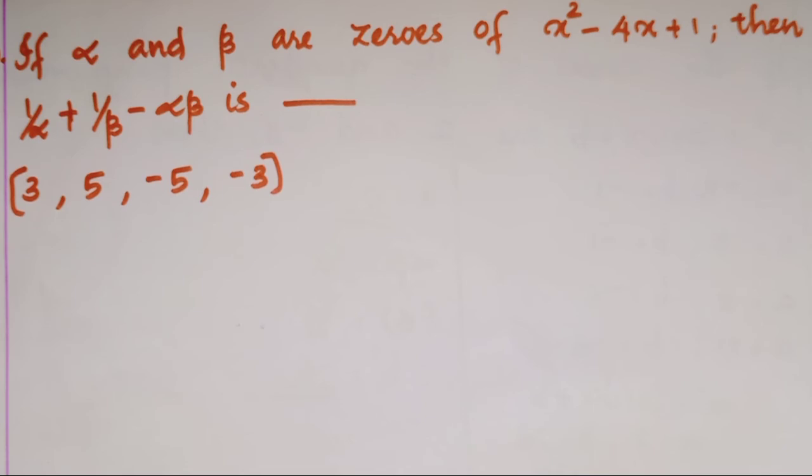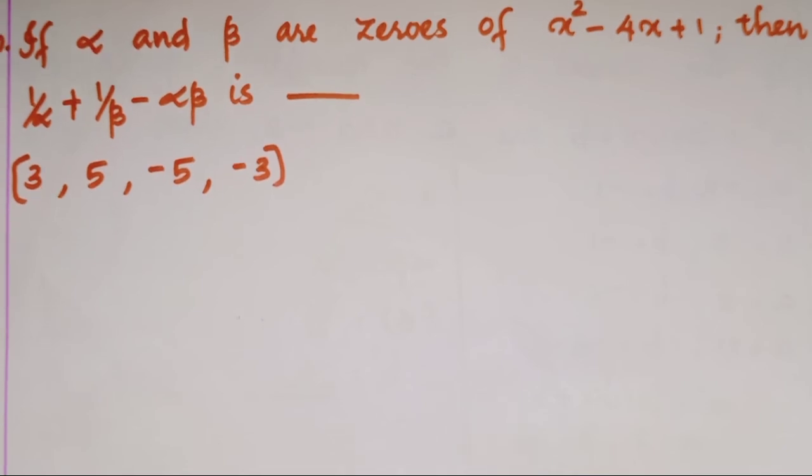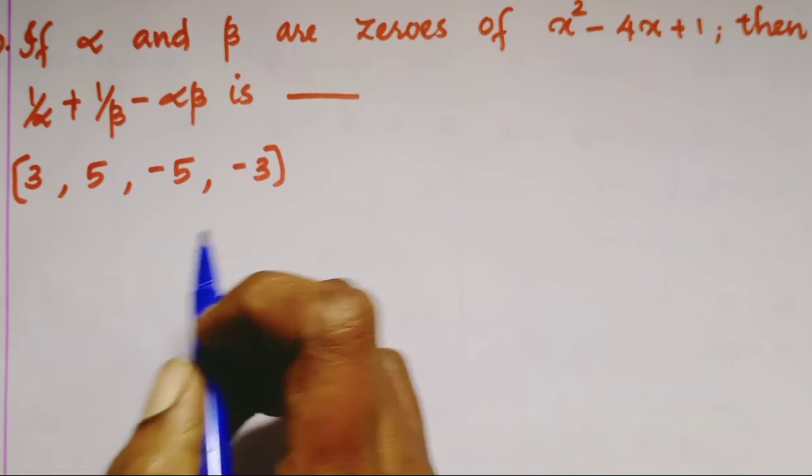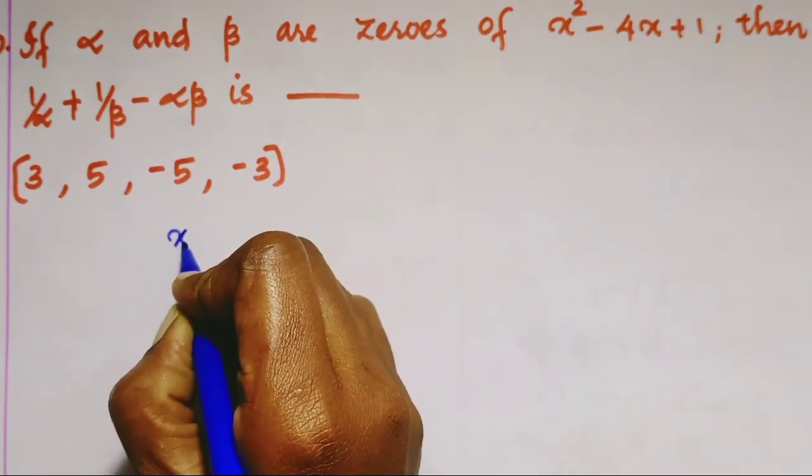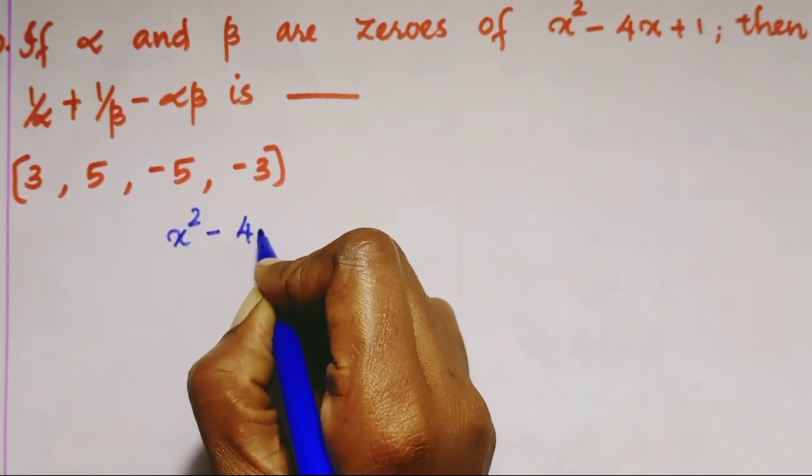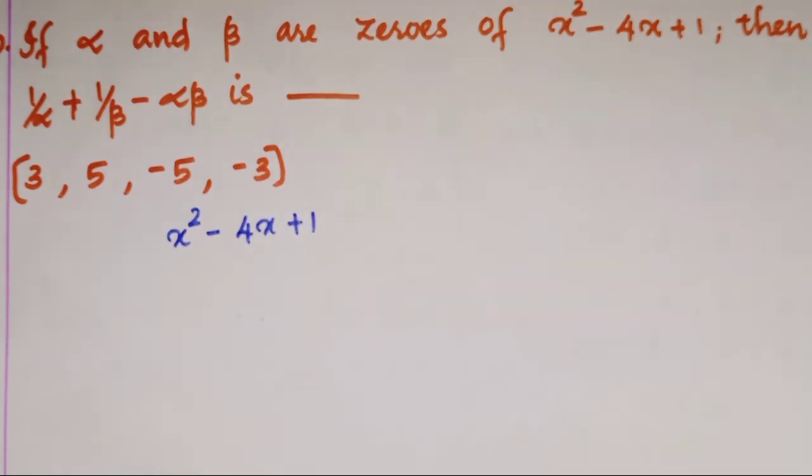10th question. If alpha and beta are zeros of x square minus 4x plus 1, then 1 by alpha plus 1 by beta minus alpha beta is. Here we are given the polynomial x square minus 4x plus 1.